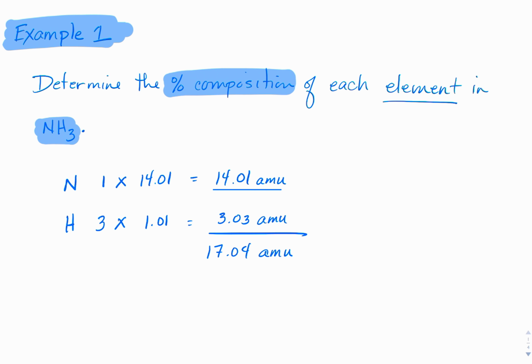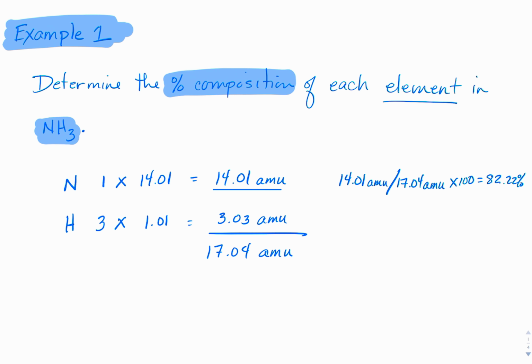So for nitrogen, that would be 14.01 AMUs divided by 17.04 AMUs for the entire substance, and then multiply that times 100 to give a percent value. And when you take 14.01 and divide by 17.04 times 100, you get 82.22%.